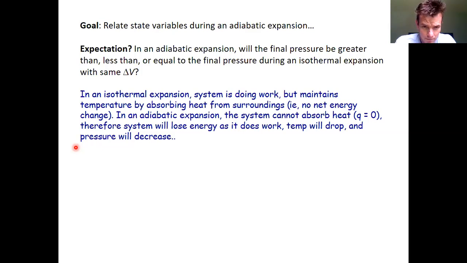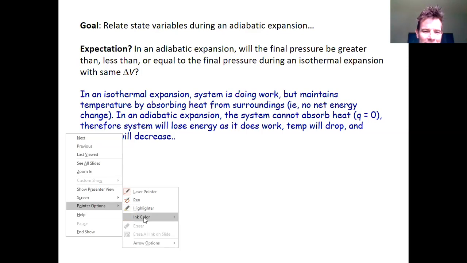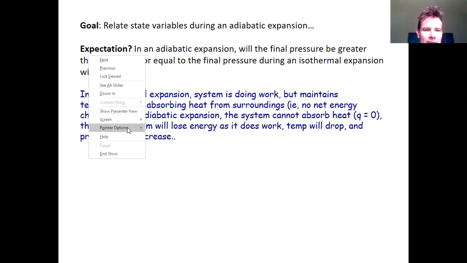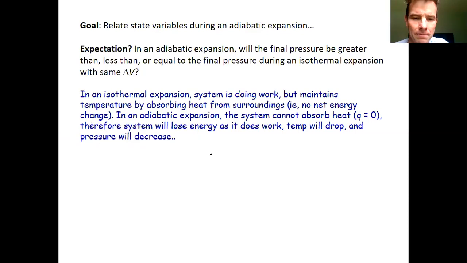Can we derive some math to help explain that? And as you might suspect, the answer is, yes, of course. Let's do some calculus. Here's how you think about this.